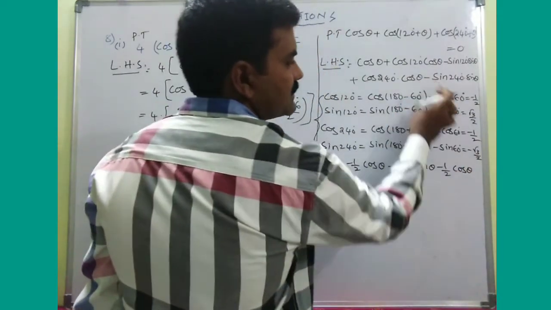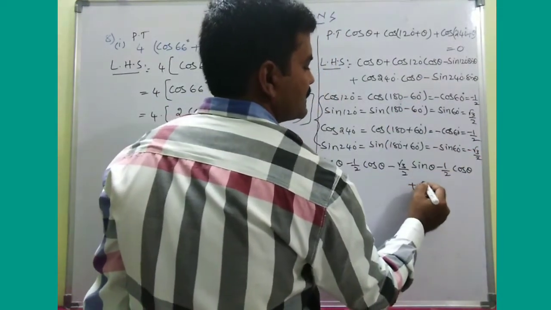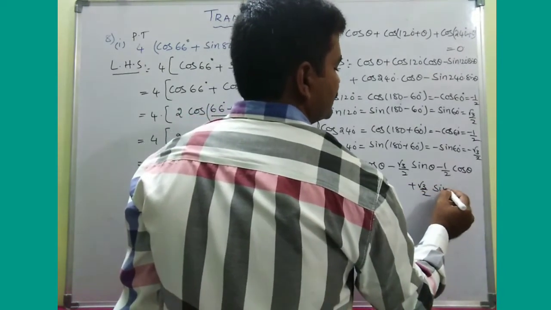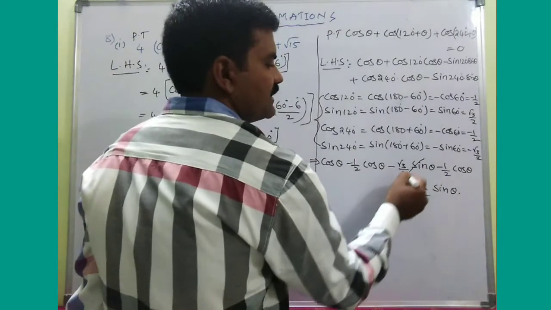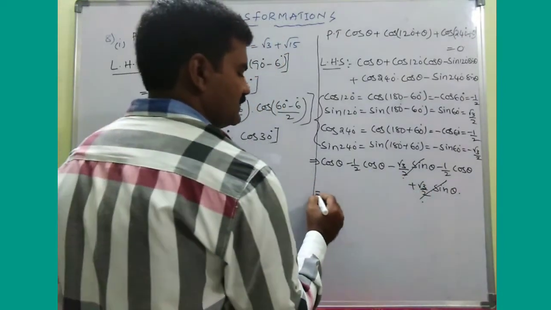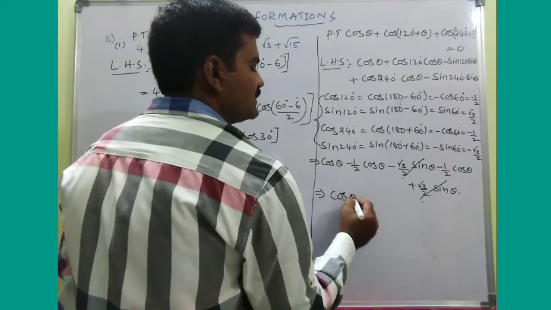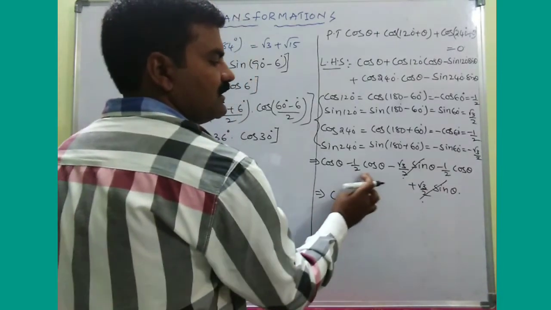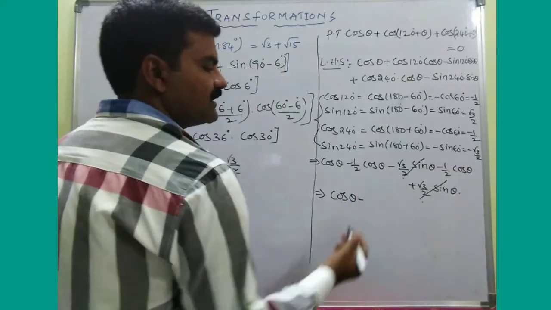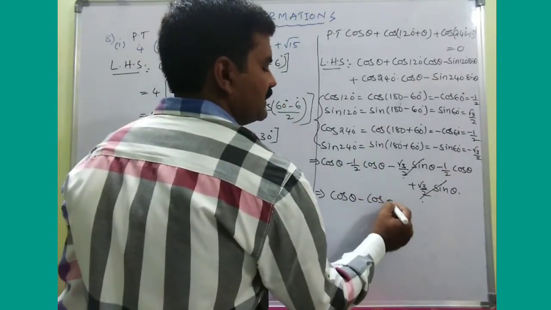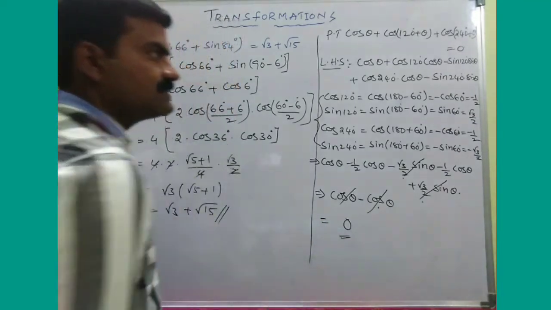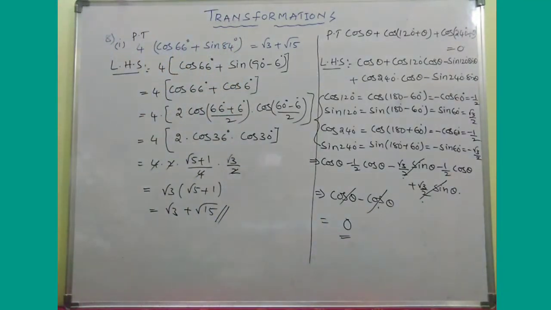And this is minus of minus plus root 3 by 2 into sin theta. So minus root 3 by 2 sin theta plus root 3 by 2 sin theta cancel, which is equal to cos theta minus half cos theta minus half cos theta, which is minus cos theta. So these two are also cancelled, hence the answer is 0.